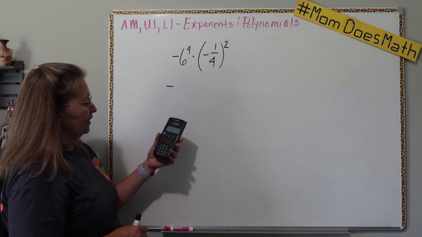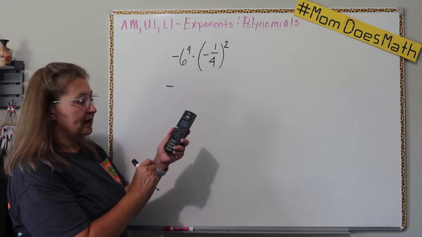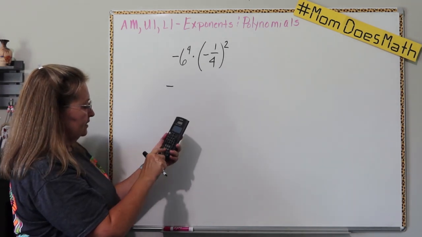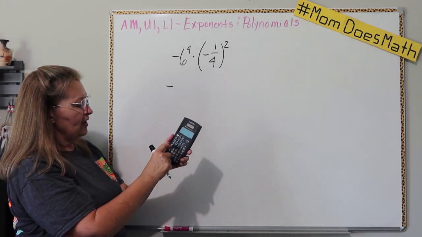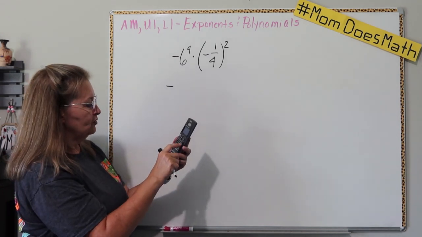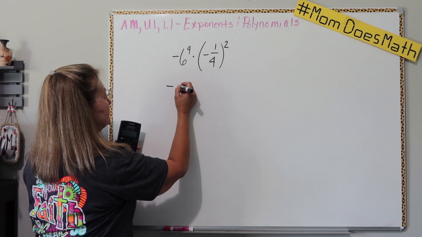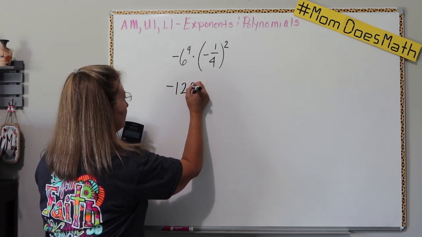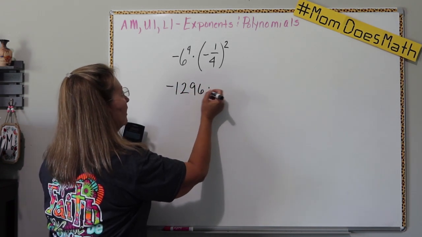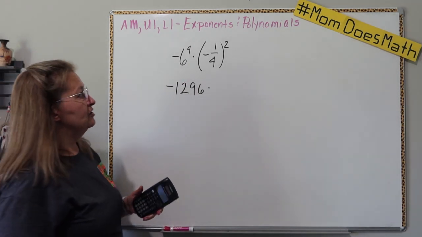So the way I'd want to enter this in the calculator is I would put the negative button and then 6. Hit the button that has the X with the little block to it. That's going to let you put that exponent there. So we're going to put 4, enter. So that gives us negative 1,296.